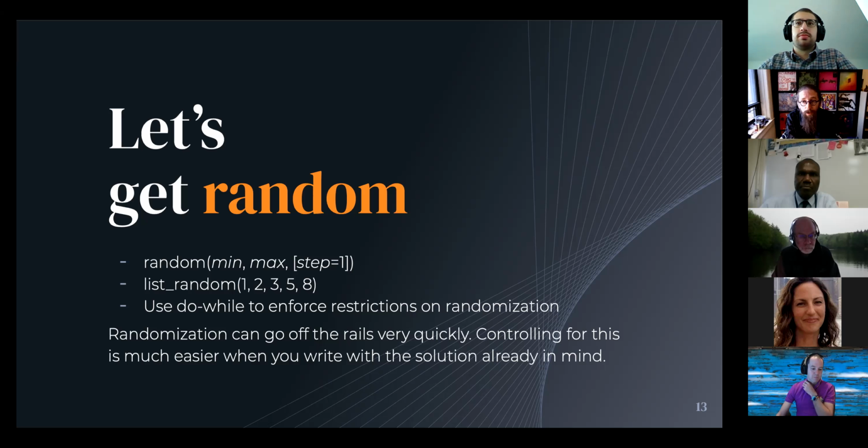If you're not careful, you can end up with solutions that are exorbitantly large, or vice versa, incredibly minuscule, and you might not want to do that. You're not necessarily providing a consistent difficulty level across all randomizations. So if you think about what you want your solutions to be before you start writing the problem, you can enforce restrictions on your randomization, and it will make sure that the random problems that you create are more consistent from randomization to randomization.